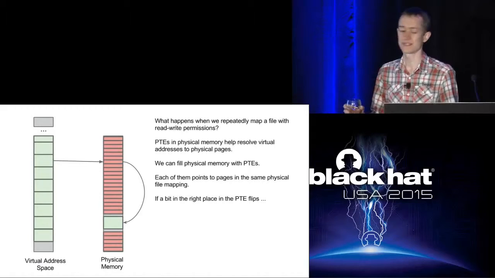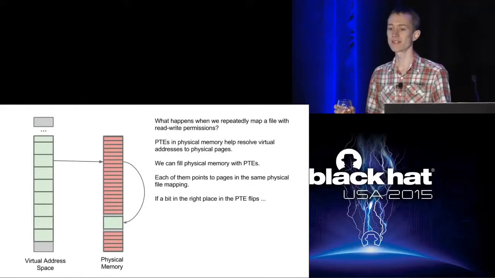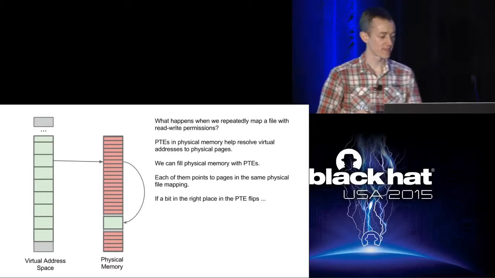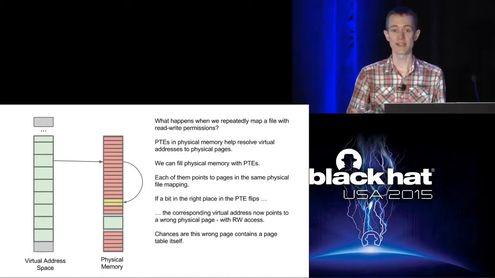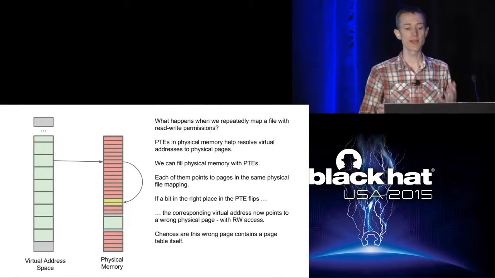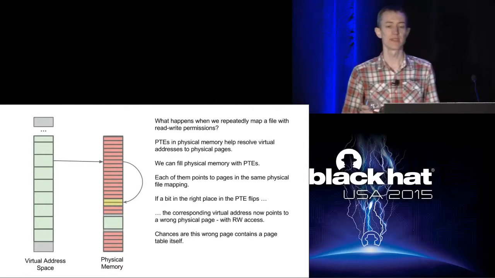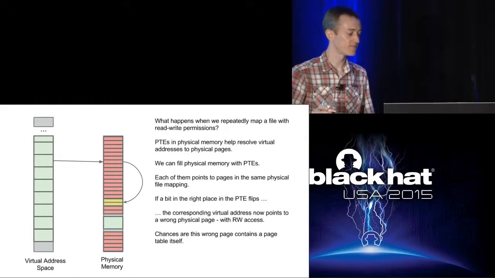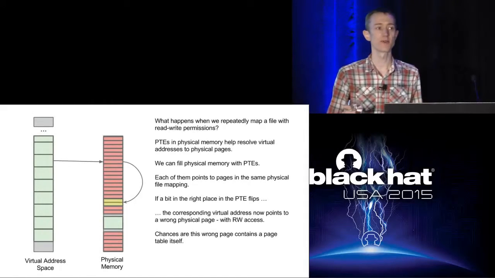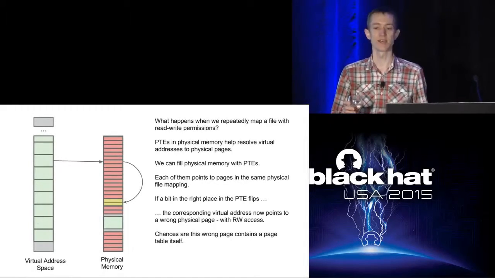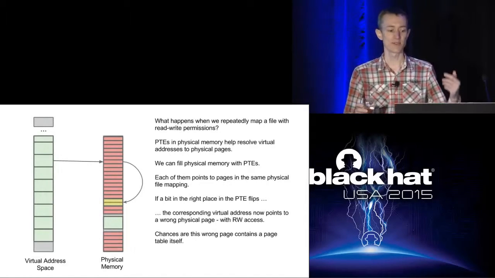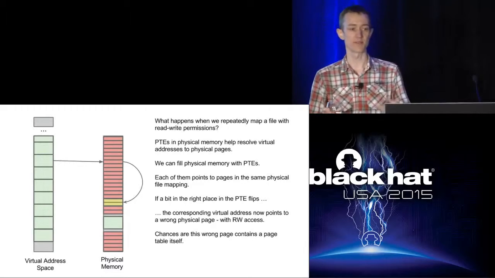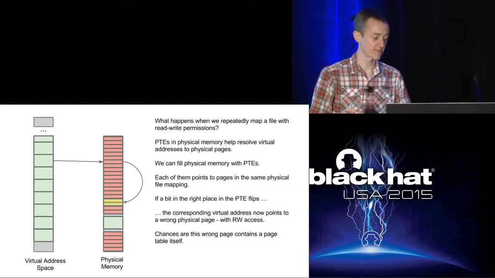So once we've done that, what happens if we get a random single bit error somewhere in one of those page tables? Well, if we're lucky, then it will change the physical page number in a page table entry so it now points to a different physical page. And since we've filled most of the physical memory with page tables, it's quite likely that the new physical page number is going to be one of the page tables that describes our process's address space.